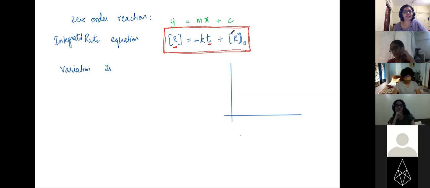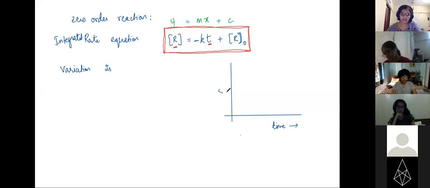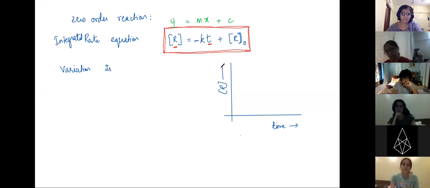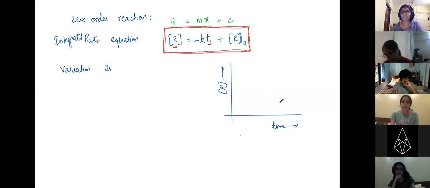This is exactly matching this thing. So what can you say about the variation of R with respect to time? What kind of variation is this? So Jasmine says y-axis will be R and x-axis will be time. Yes, this is the independent variable. The time keeps going, and this is the dependent variable. So what kind of graph will it be? What is the variation going to be like? It will be a negative slope, no?